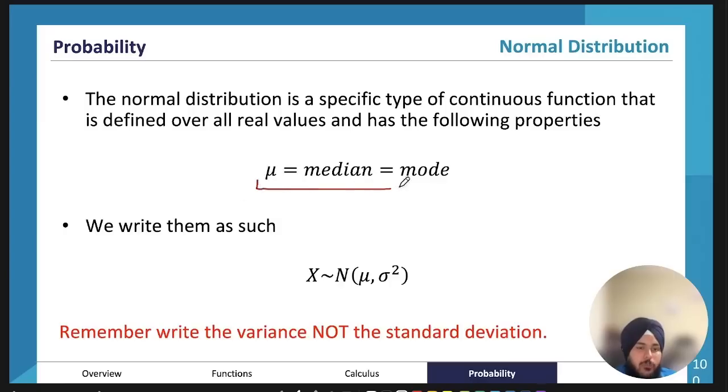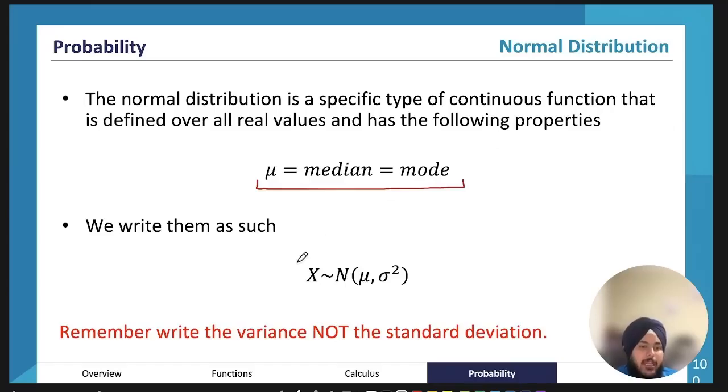In a normal distribution, the mean is equal to the median, which is equal to the mode. It's really important to know that in the normal distribution, the graph is approximately symmetrical about the mean, which we'll have a look at in the next slide.